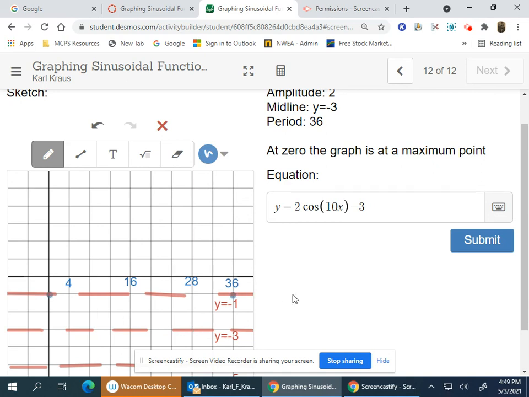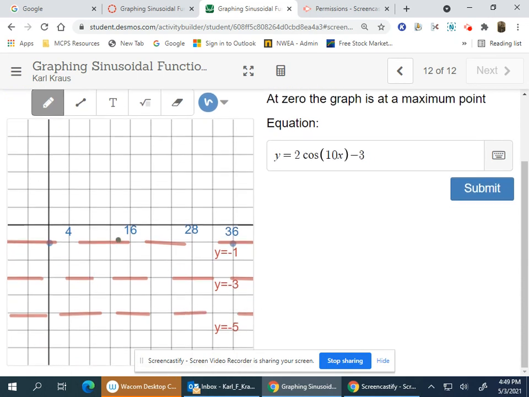You're going to end at a maximum. Halfway between would be 18. So this is 20, 18 right here. Halfway between 0 and 18 is 9. And then halfway between 18 and 36 would be 27.